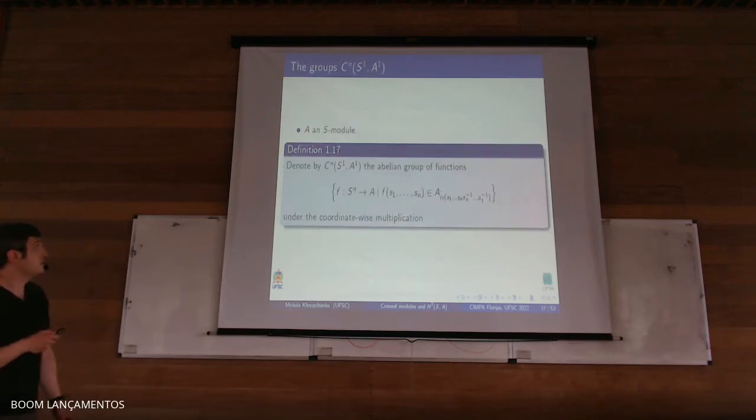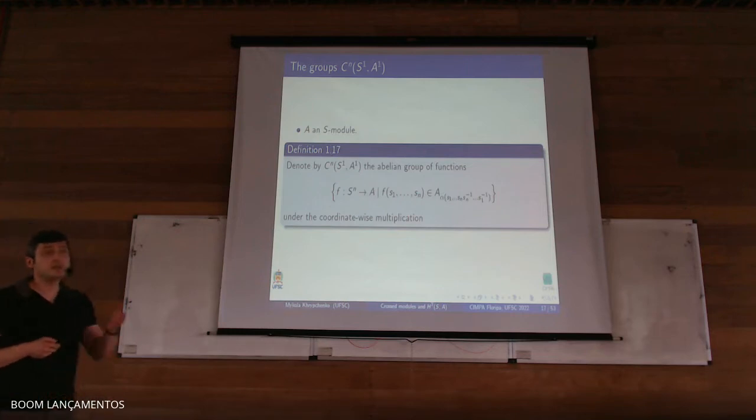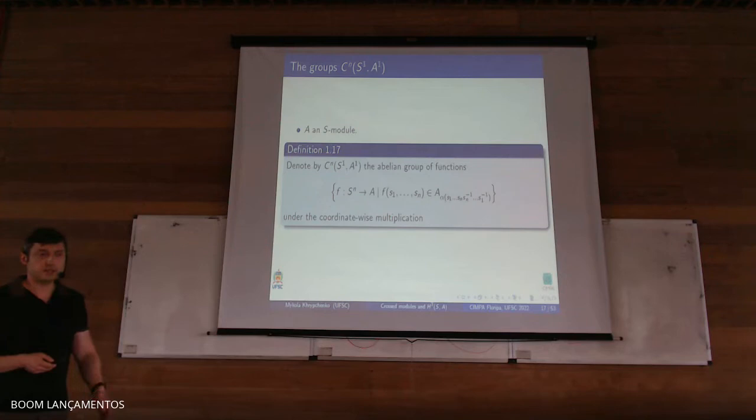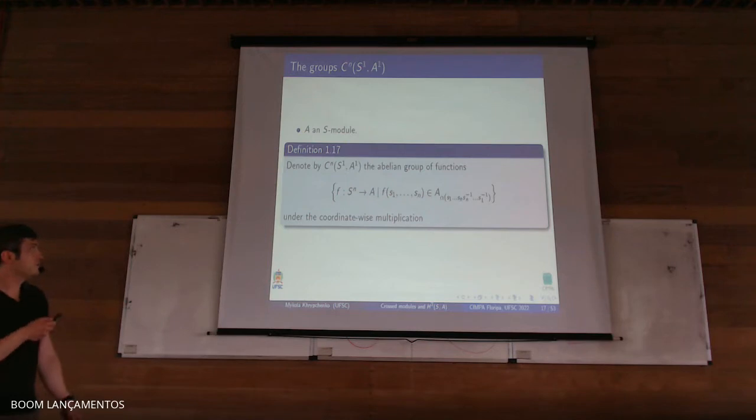Now, if you have an S module, how do you define cohomology? Of course, there is a universal way to define cohomologies. You may show that S modules form an abelian category, and that has enough projectives. In fact, it has free modules. You may define a trivial module.